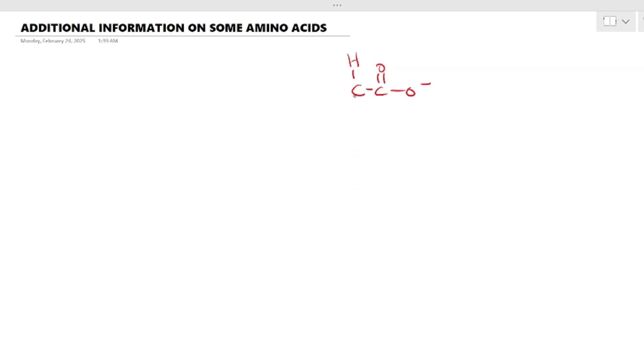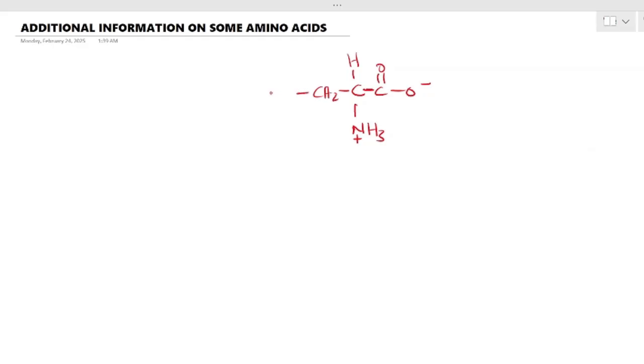This is bonded properly here, and of course you have your NH3 plus attached to your alpha carbon.